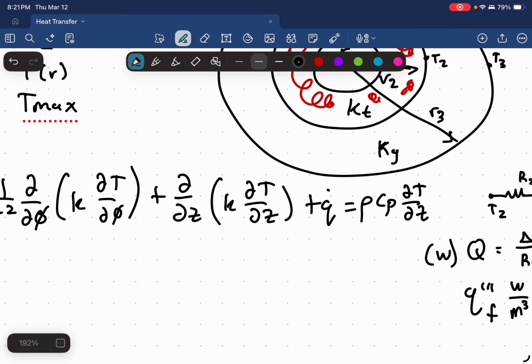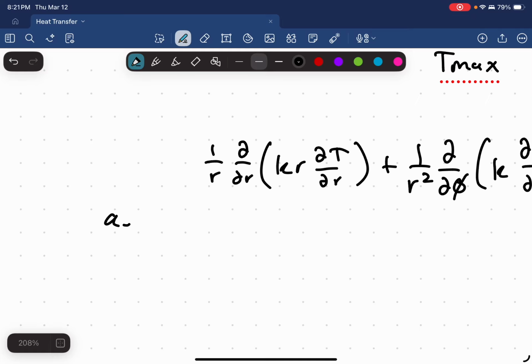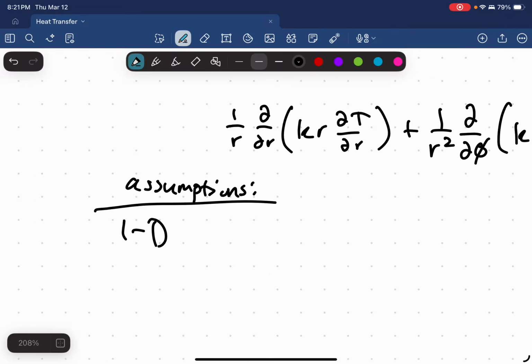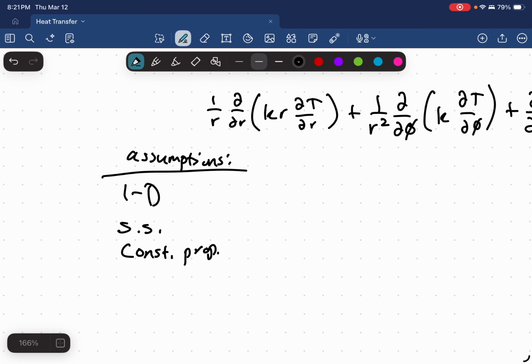And the assumptions that are going to be used. So we're going to say that it's 1D. We're also going to say that it's steady state, constant properties, okay, and there is heat gen.